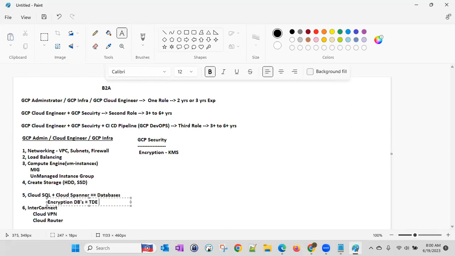That we are going to discuss. I'm an expert in database encryption, because I did it for more than 400 to 500 databases in one environment. I know how to do encryption in SQL Server, MySQL Server, even Oracle databases.